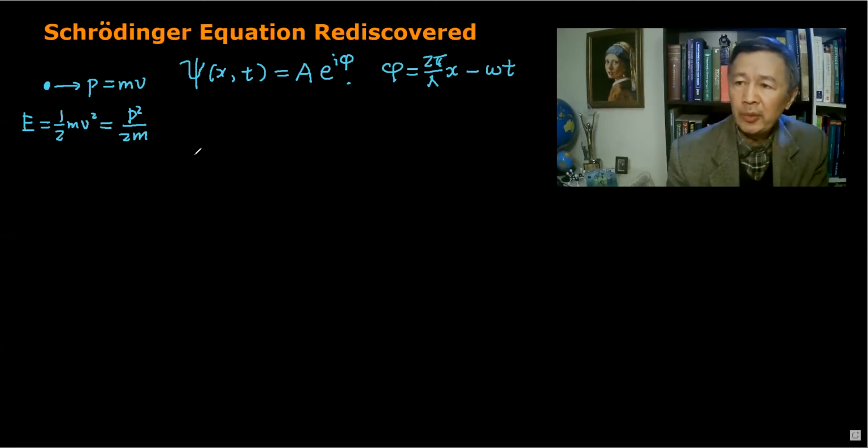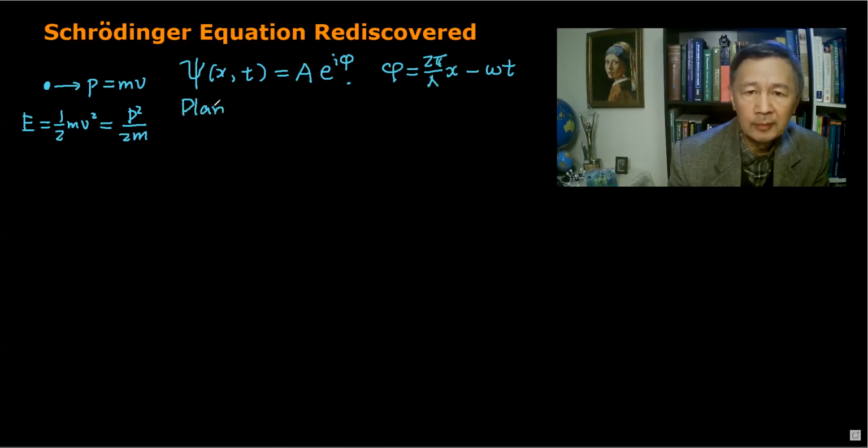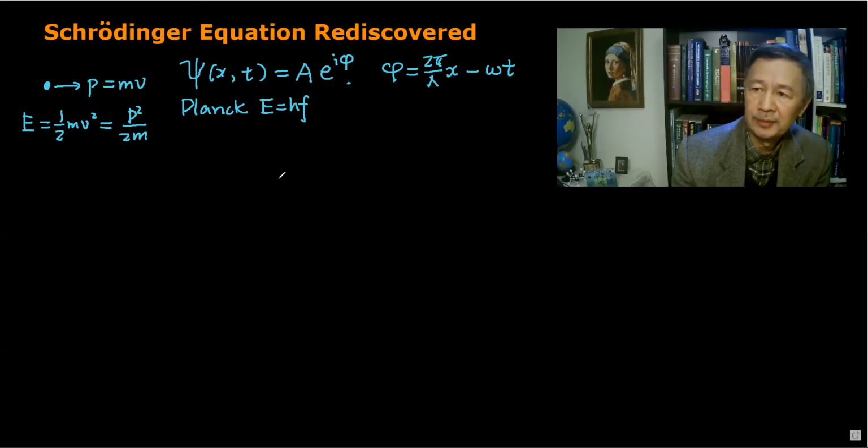Now, here we know that there are two important formulas in quantum mechanics. One is Planck's formula for energy, E equal to h multiplied by f, the frequency. Alternatively, this formula can be rewritten as h bar multiplied by omega.